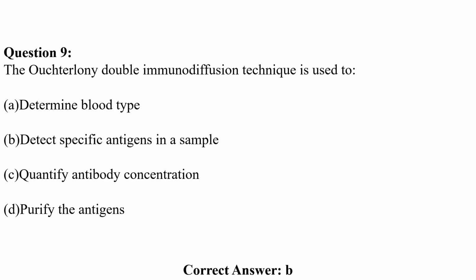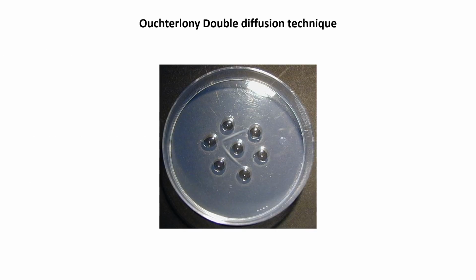So the Octoloni double immunodiffusion technique is a technique where we add the antibody, and we can add different types of antigens, and then based on their reactivity we can detect a specific antigen in a sample. So this is an Octoloni double diffusion technique plate. What we do is basically we take a normal agar plate.